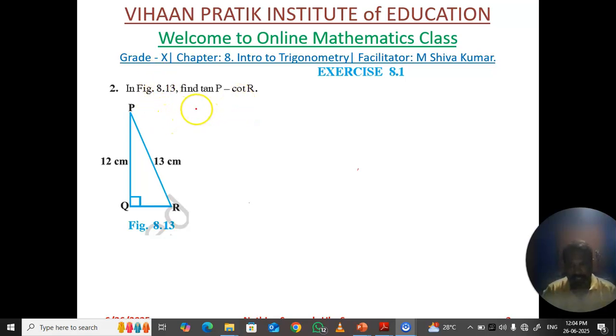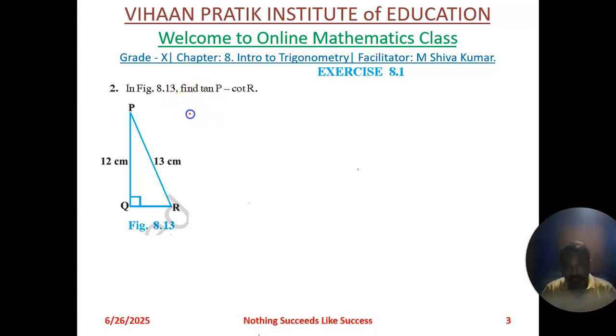First let's write down what is given. Given that side PQ equals 12 centimeters and side PR equals 13 centimeters.